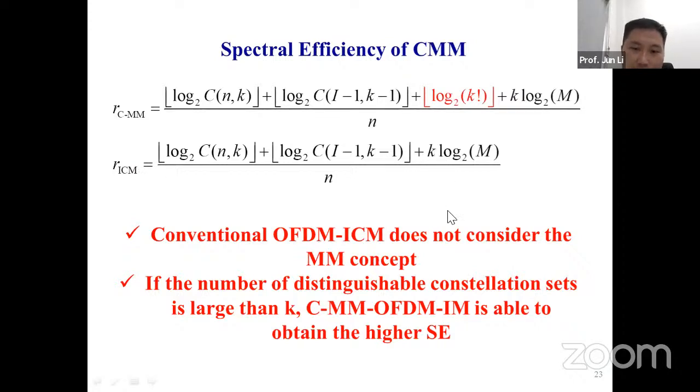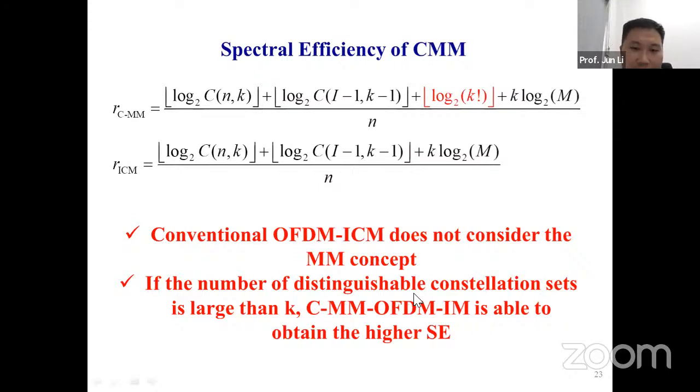So we can conclude that the conventional OFDM index composite modulation scheme, the ICM scheme, does not consider the multiple mode concept, so the increase of the spectral efficiency is not that high.